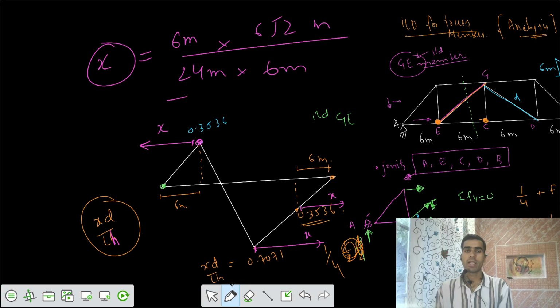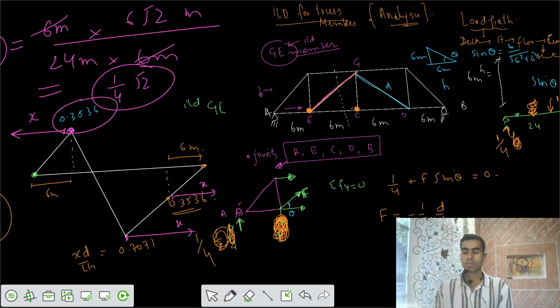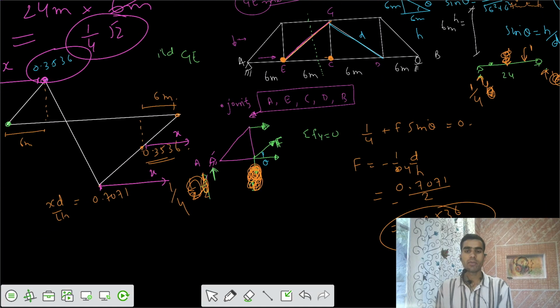You would finally get a value of 1/4 of √2, which is 0.3536. So this is the equation for that.